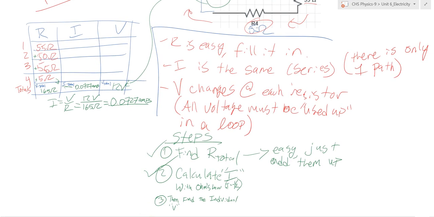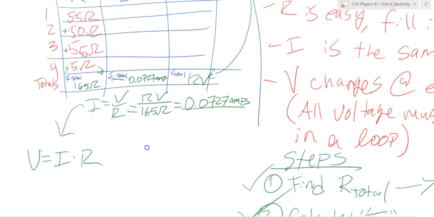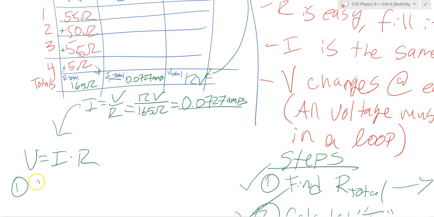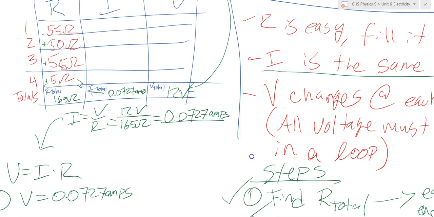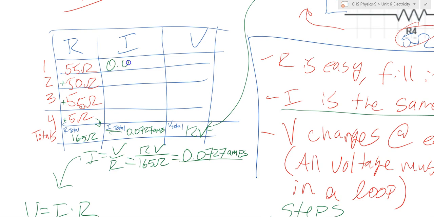The way we're going to do that is again with Ohm's law. If we rearrange that, we end up with V equals I times R. For 1, we've got V equals I, 0.0727 amps. The reason I can use this number is because remember that I is the same.